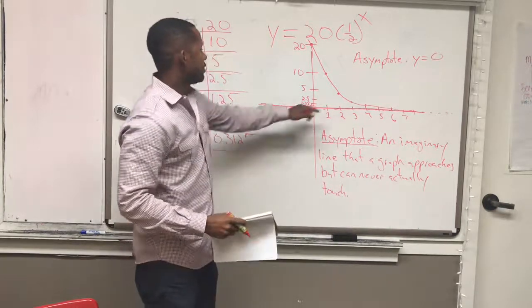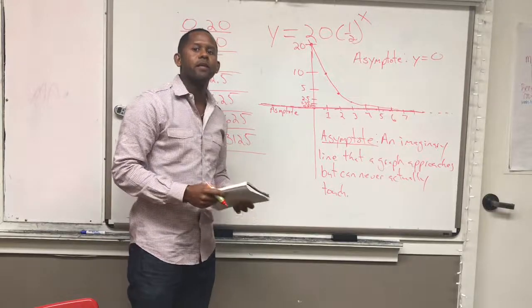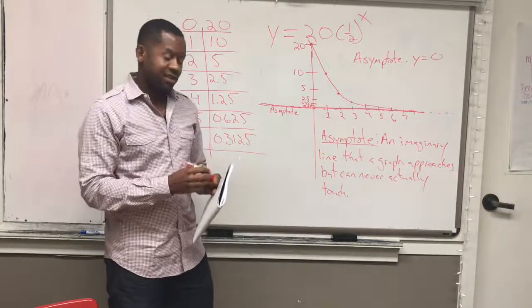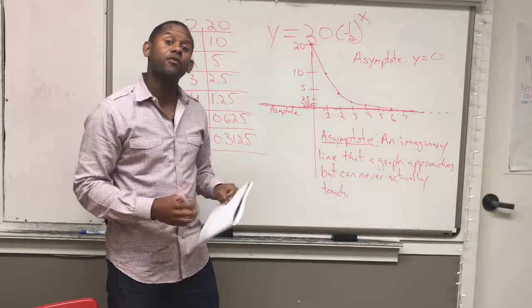That is what an asymptote is. In this case, it's the line where y equals 0. That's it. It's just a small thing we needed you to know so that you're familiar with it.